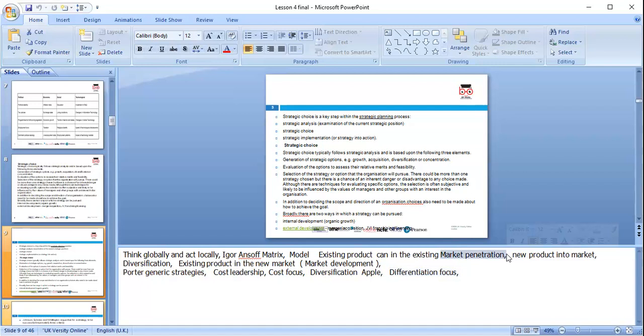Okay. So if you're selling a new product, let's say in this way: if we have a company like Lever Brothers in Pakistan, whatever products they have, if they carry on selling in the Pakistani market, that's market penetration. And if they are selling a totally new product, like investing money in construction, that will be called diversification.